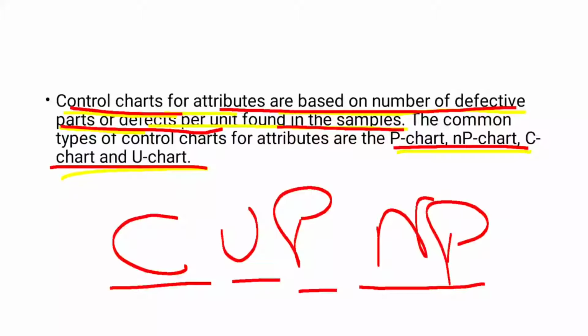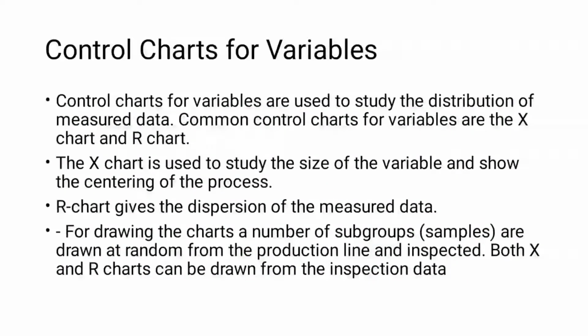Okay, let's move to the next topic. Control charts for variable. Control charts for variables are used to study the distribution of measured data. See, why is it used? It is used to study the distribution of measured data. Common control charts for variables are the X charts and R charts, as discussed before.